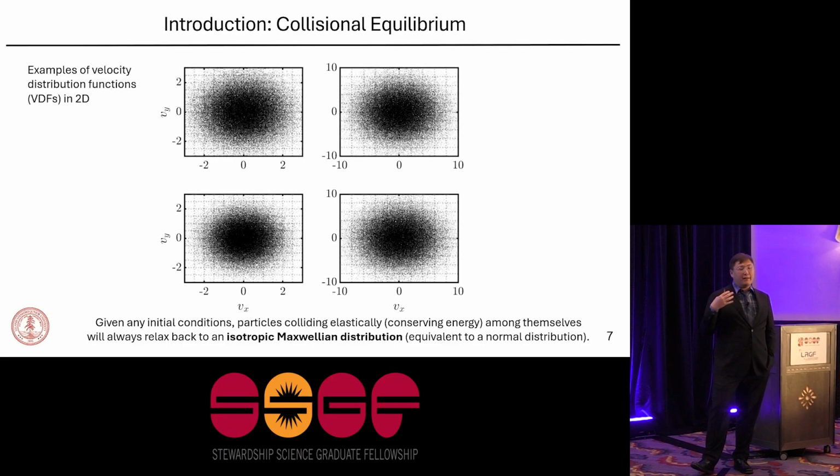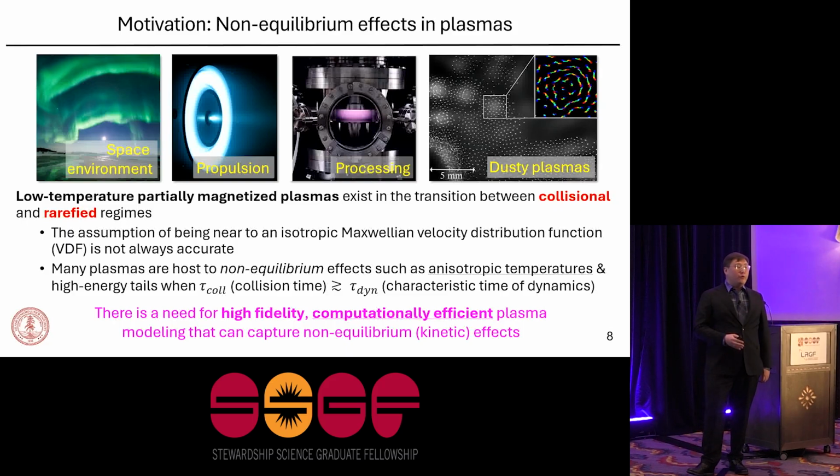So what is typically done in a lot of the predictive codes today, for speed, is to assume an isotropic Maxwellian distribution. Instead of having to capture the innumerable number of particles, you can describe the plasma in terms of things like the density, the velocity, and the temperature at a certain point.